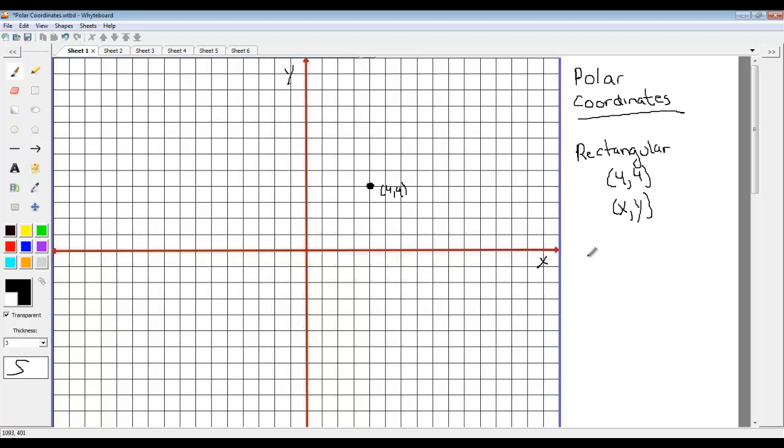But now with polar coordinates, the pairs are going to be in the form of r, theta. Polar coordinates are based on a point called the pole, and then a ray called the polar axis.